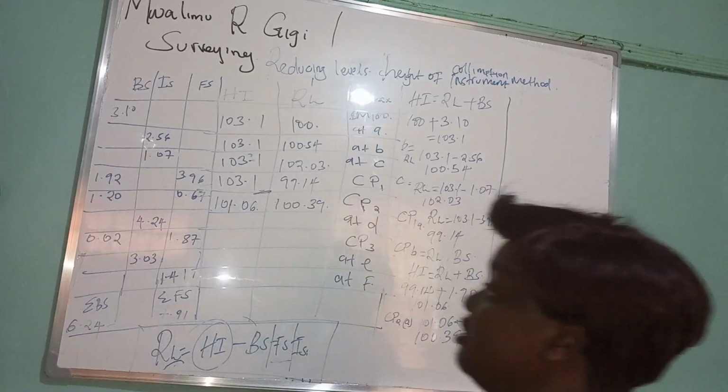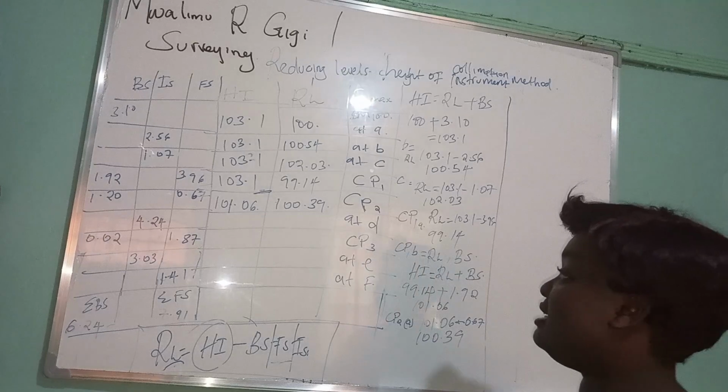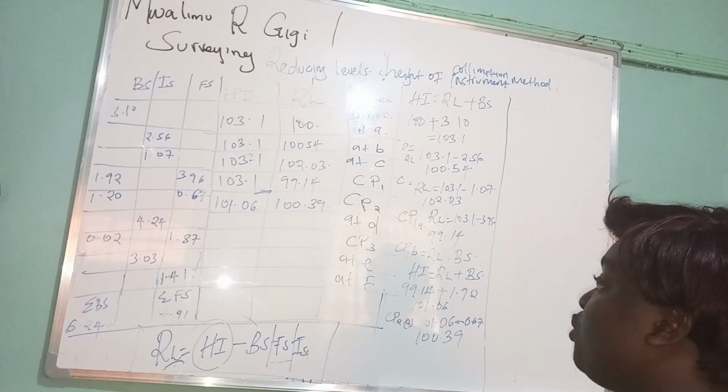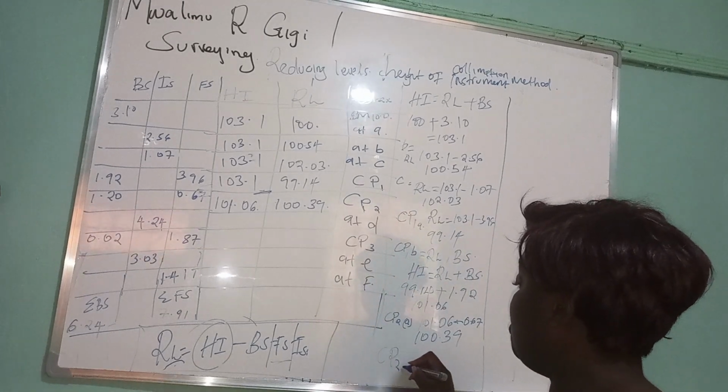So at this point we also have the backsight and we have the reduced level. So we want to get the height of collimation at change point 2B.